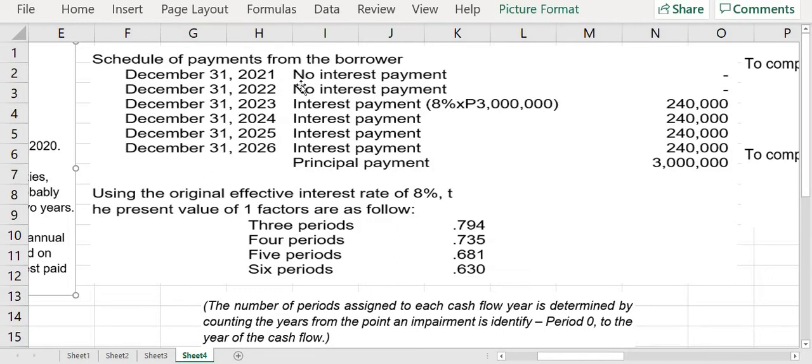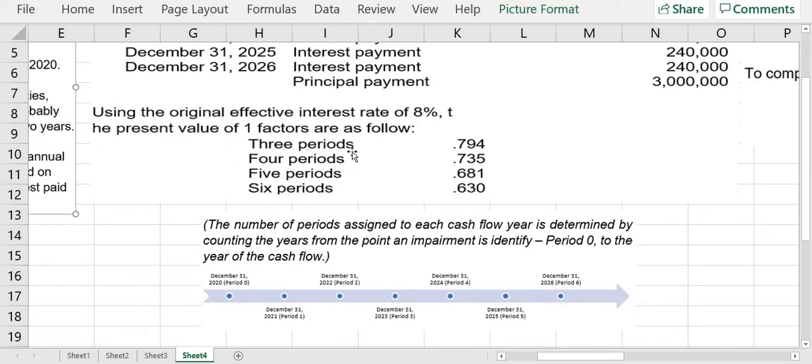Supposedly, ito yung 2 periods. Dahil sa 2023 pa ang next cash flow, doon tayo nag-start na nagkuha ng present value factor for 3 periods. Okay? So, from period 0 to 2023, that's 3 periods.